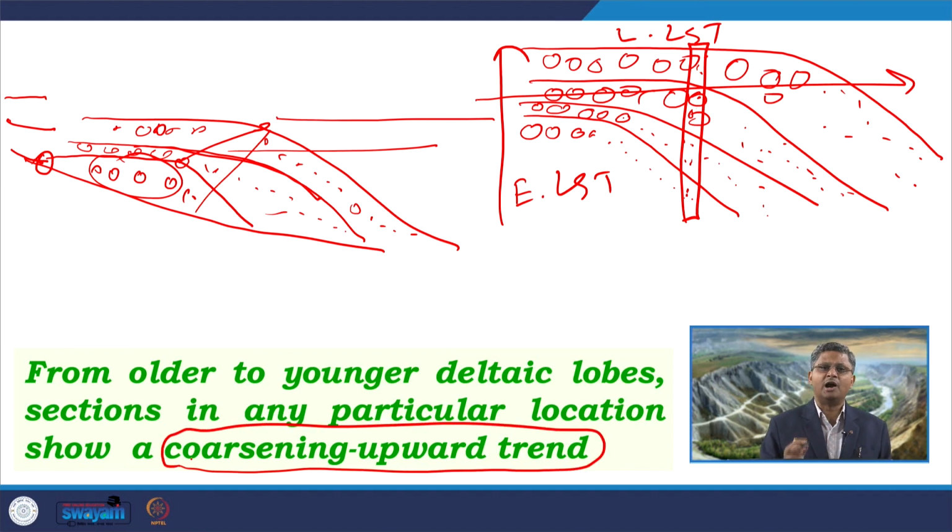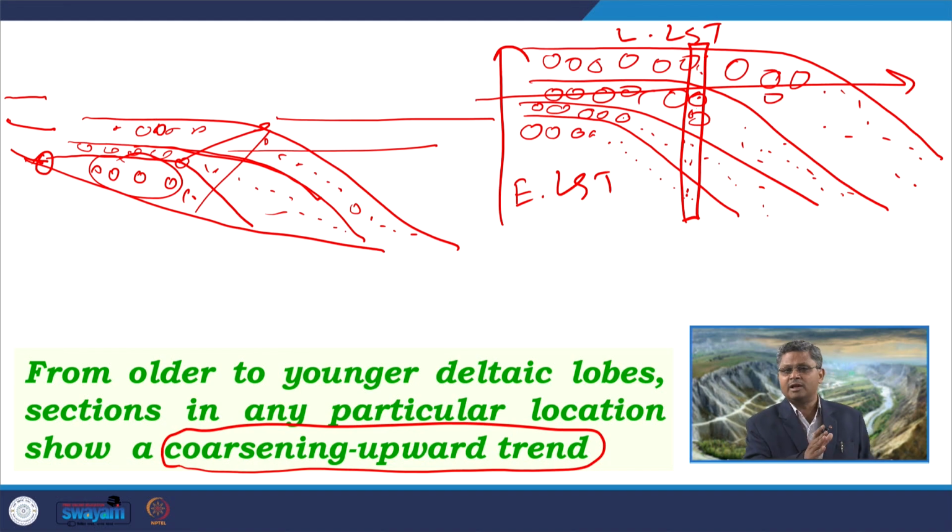A coarsening upward trend, if I look at the grain size distribution at any single section. So, within this delta lobe part, during the LST, from early LST to late LST phase, we can expect an overall vertical coarsening upward trend.